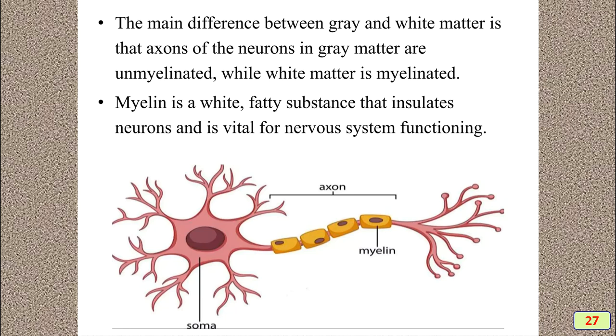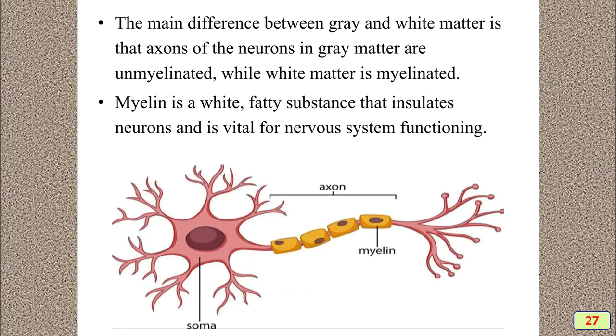And here you can see a representation of a neuron. The entire body is called the soma. Then the nucleus is there, axons are there, then dendrites are present. And apart from this, the axon has the myelin sheath covering the nerves and giving them a cushioning effect.